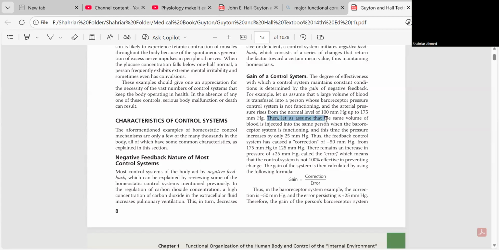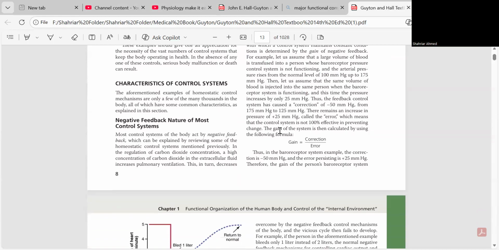Then let us assume that the same volume of blood is injected into the same person when the baroreceptor is functioning. Two persons: one has baroreceptor that is not functioning, another has baroreceptor functioning. Same blood pressure of 100 millimeter mercury before injecting blood.